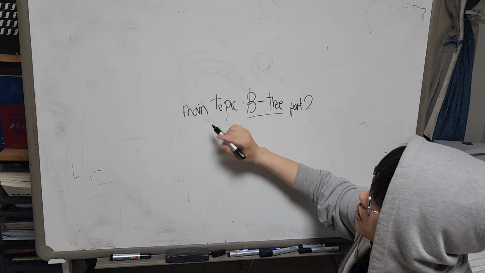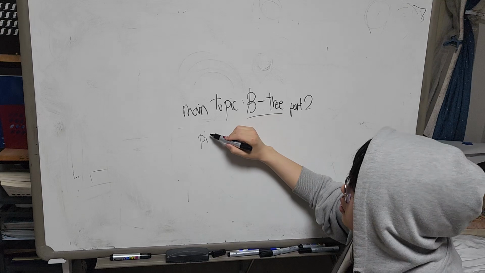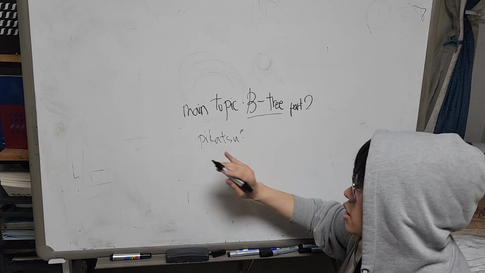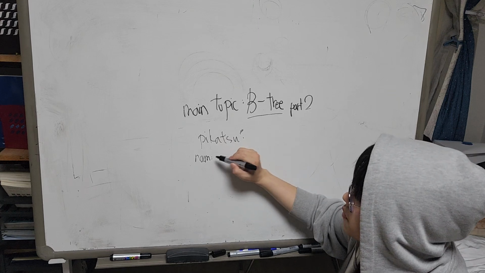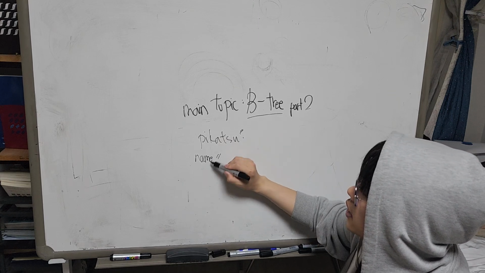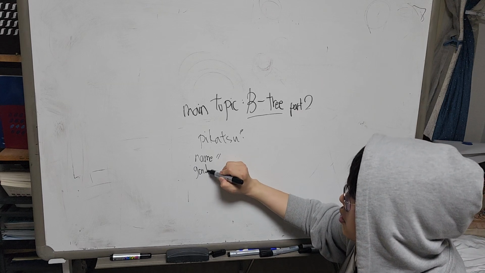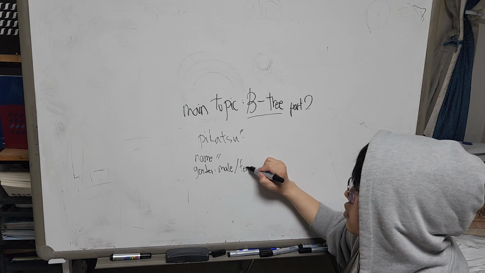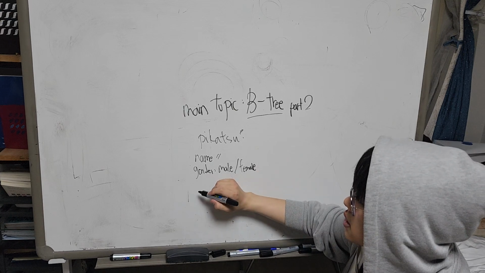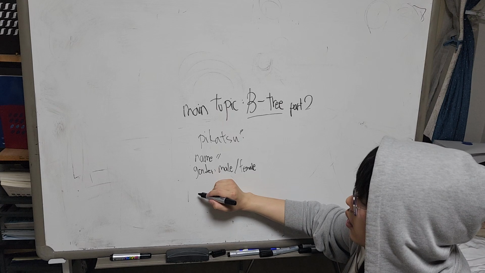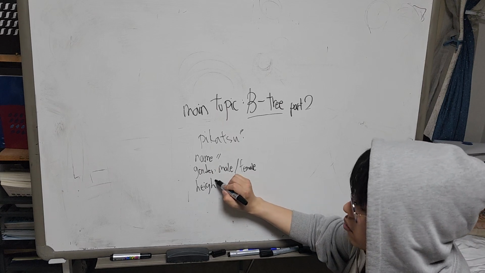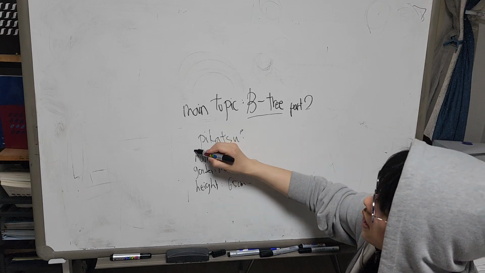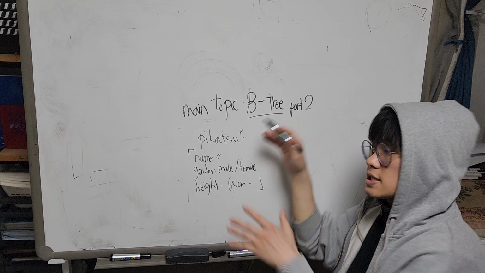Let's say there's Pikachu. There's going to be a name, which is Pikachu, a gender, male, it could also be female, and also the height, like 65 centimeters, whatever.